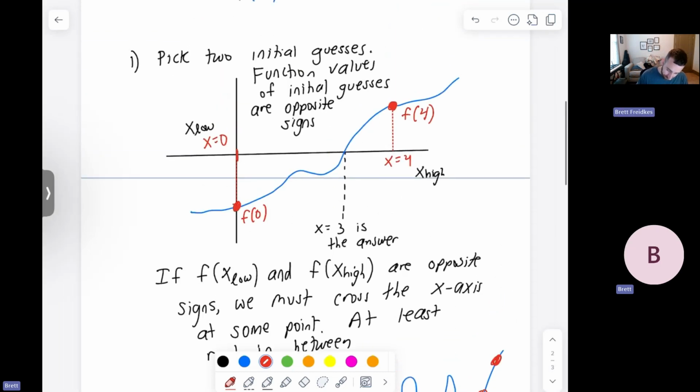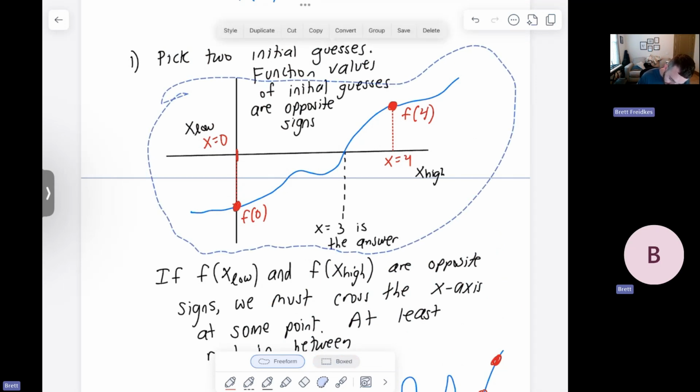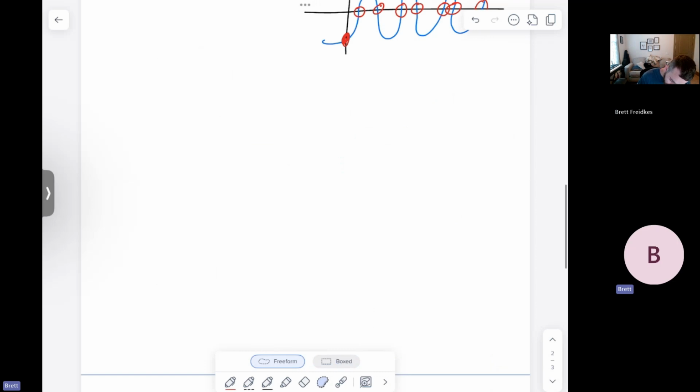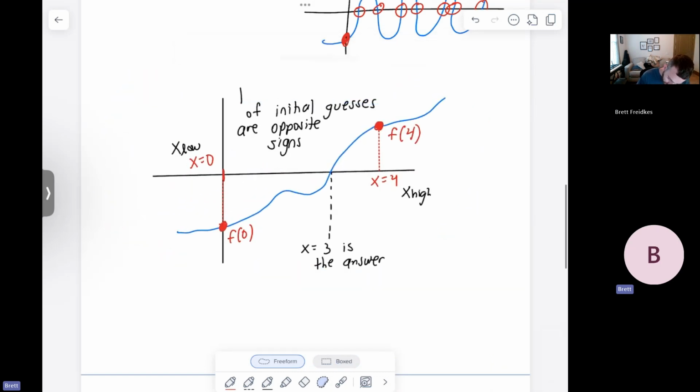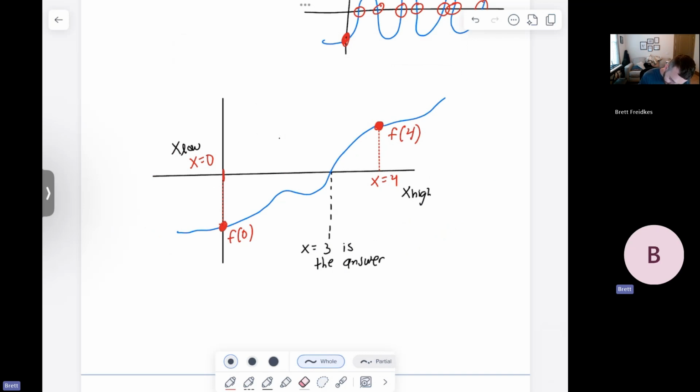Okay, so let me go ahead and copy this graph down, and copy all those words too. I'll just delete them. Come down to here. So we have this known fact, there's a root in between, again, assuming the function's continuous.